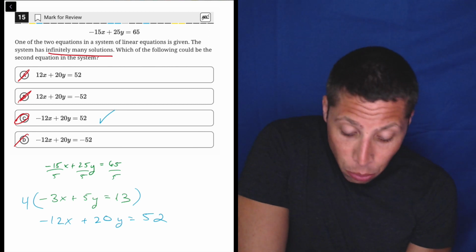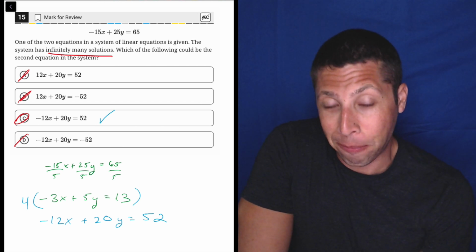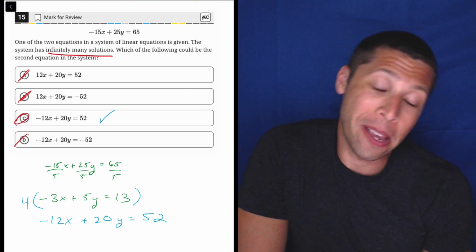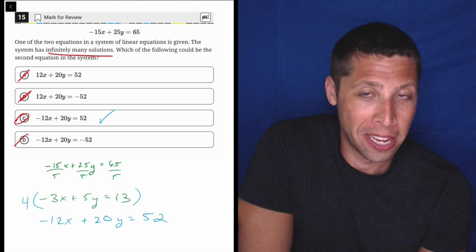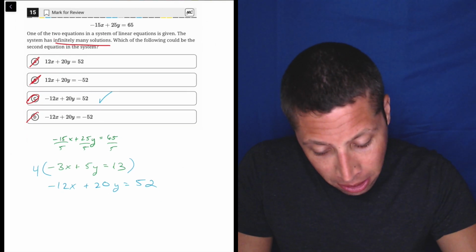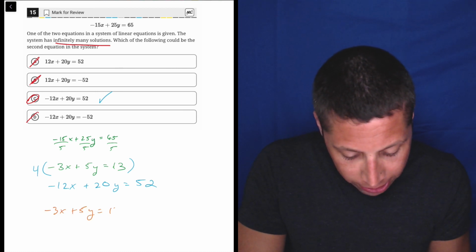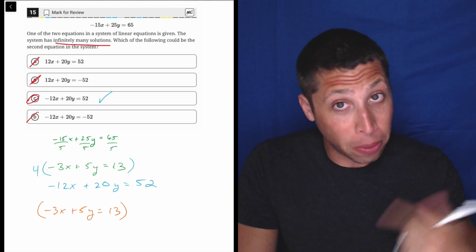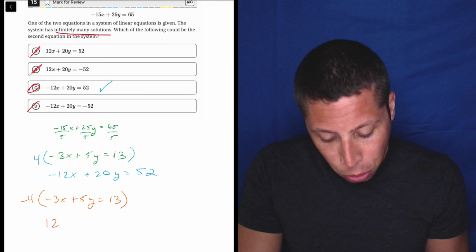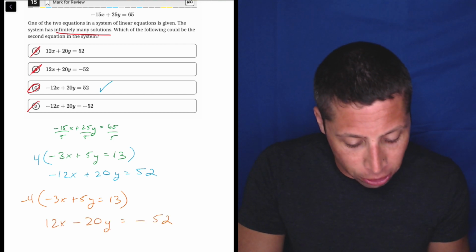It's also that maybe you would have picked C simply because of the placement of the negatives. I advise against that though, because they could have easily made this question a little bit harder by changing the negatives. So let me just show you. This is not an answer, but if we took our negative 3x plus 5y equals 13, and instead of multiplying by 4, we multiplied by negative 4, that's going to change it to positive 12x minus 20y equals negative 52.